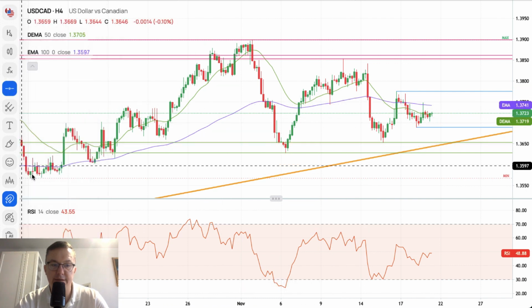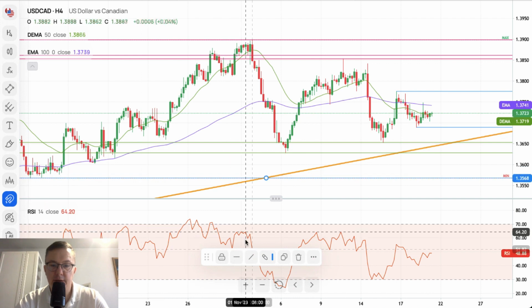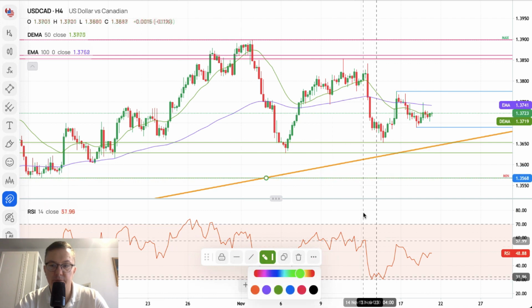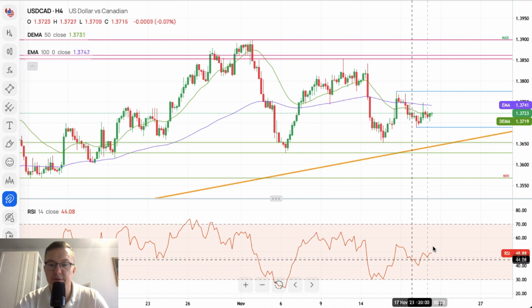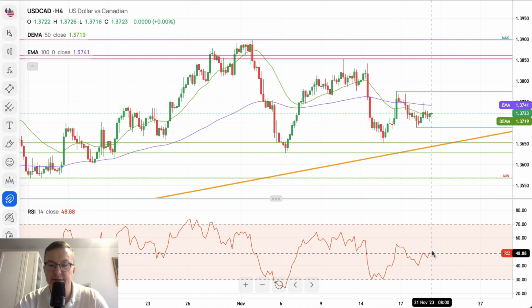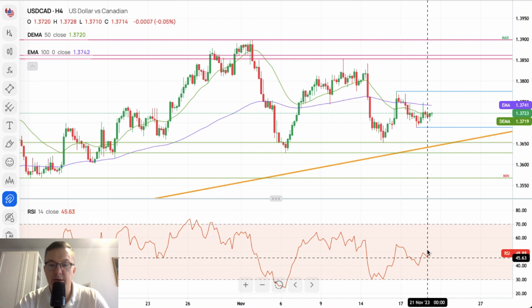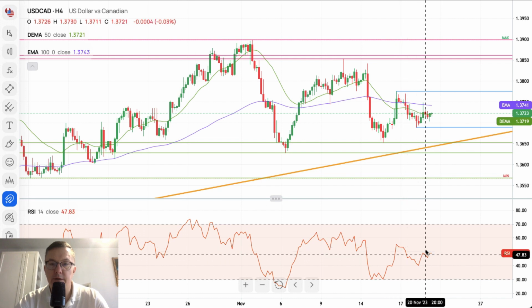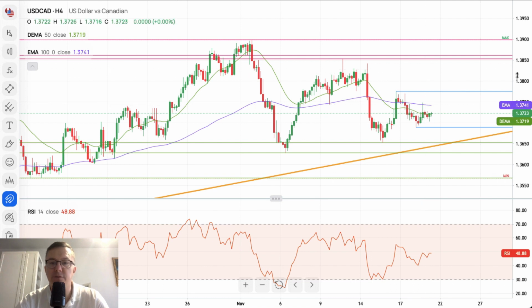The next important technical support is located around the level of 1.3568. The momentum is slightly negative, 48 points only. It hovers around the level of 50. So right now, neither bulls nor bears know where they want to go and what they want to do. So maybe the situation with the FOMC meeting minutes will give them some clues.